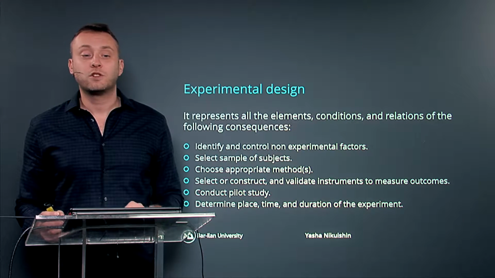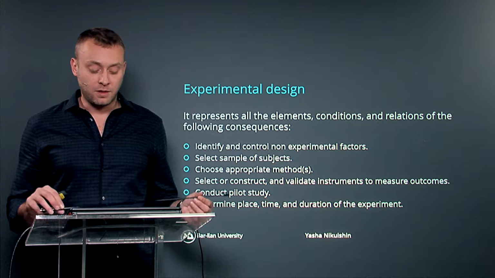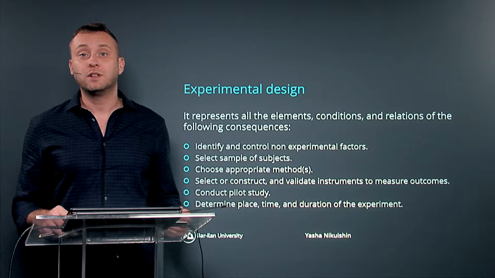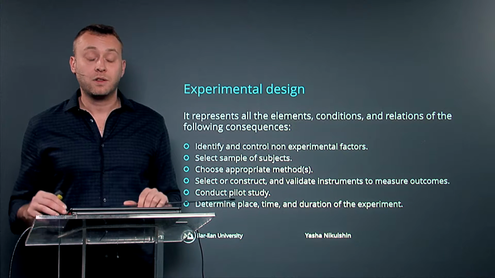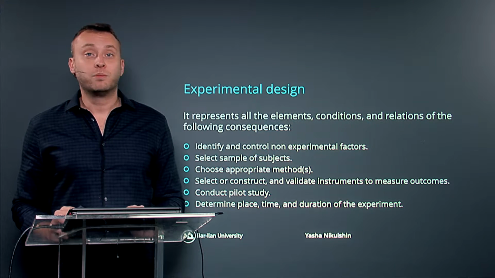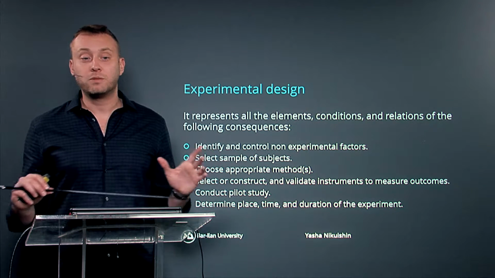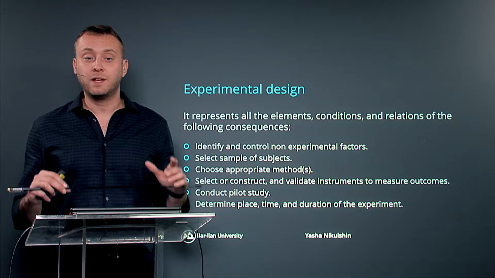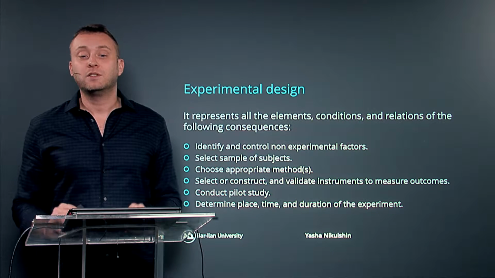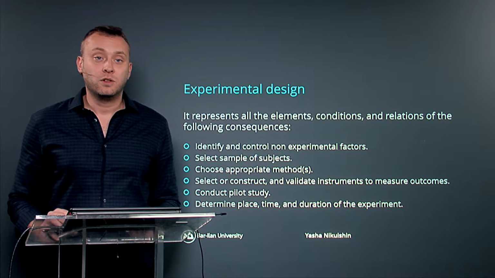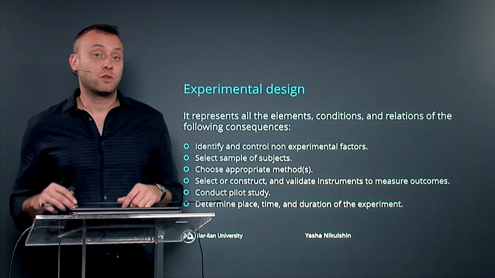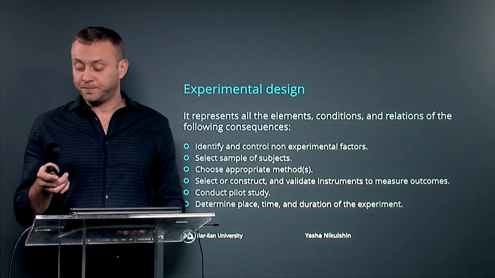Then, a researcher must conduct a pilot study, something that has already been done by other groups, by other researchers, and compare it, to validate that your measurement setup, the experimental design, is proper and gets the expected results. And of course, you need to determine the place, time, and duration of the experiment, so it won't take too much time to conduct the measurement itself.